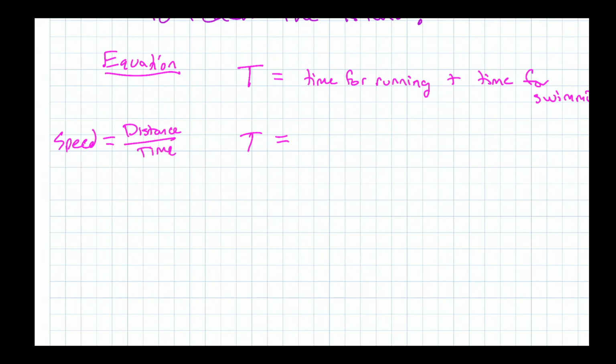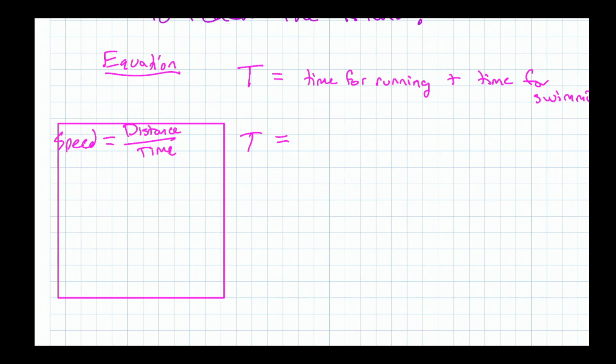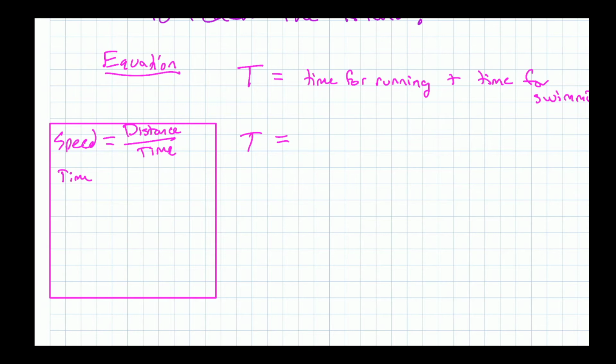Like miles over hours is a speed. So this is not part of what we're doing. This is like things you need to know. So speed is distance over time. So time times speed is distance, or time is going to be distance divided by speed.